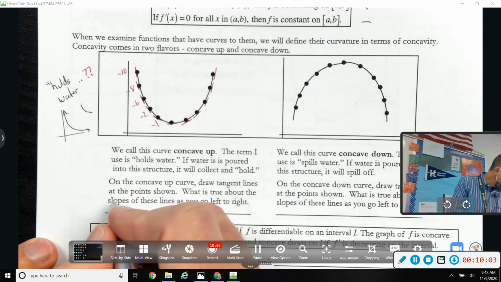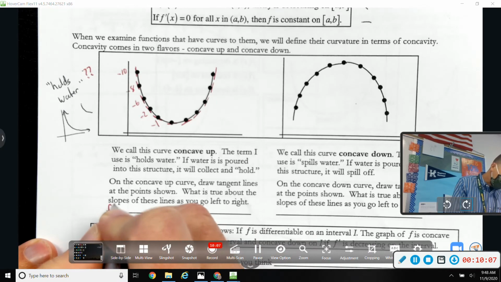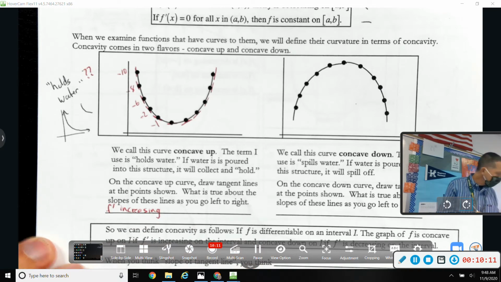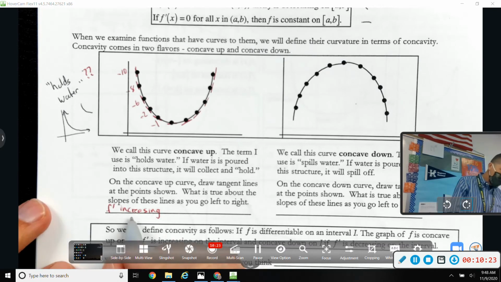So what is true about the slopes of these lines, I would say f prime is increasing. But increasing is a derivative type word. It's a rate type word. So this means that the rate of f prime is positive.